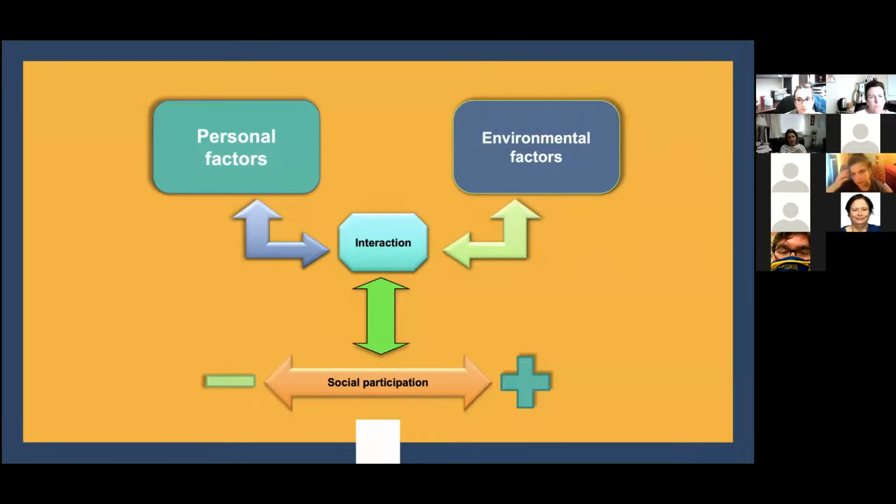The personal factors is the individual with a disability and their interest. And if you empower them, do they want to continue, and what do they want to do? What are their goals, and do they align with what you have in mind and what the larger group has in mind? Those interact, and then you can have a whole variety of social participation.